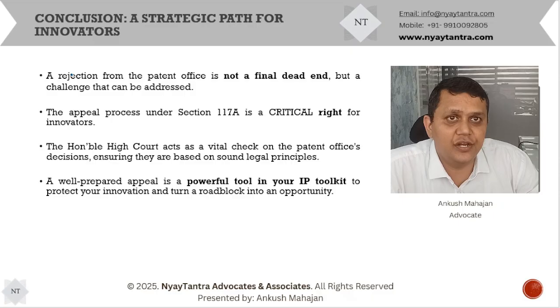So if I conclude today's presentation on section 117A, a few important points for us to understand are that a rejection from the patent office is not a final dead end, right?